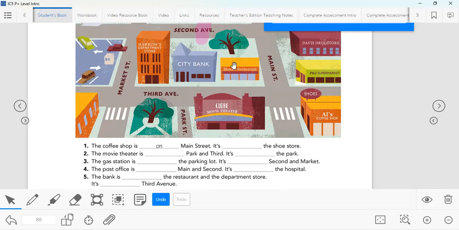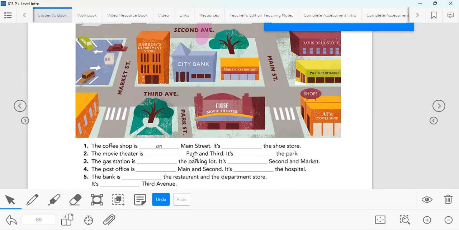Okay? So look, we have two. Let's do number 2 together. The movie theater is? You see the movie theater is here, right? On park. No, because it mentioned two places. What is the expression that we need when we mention two places?